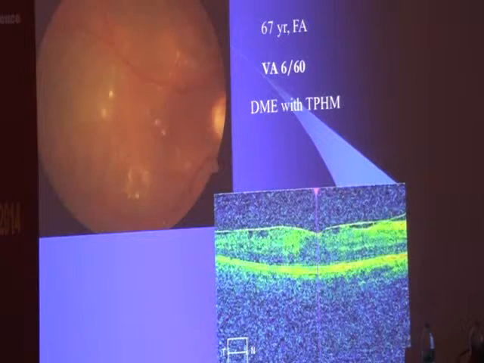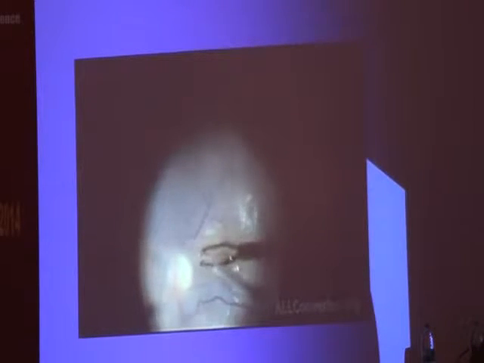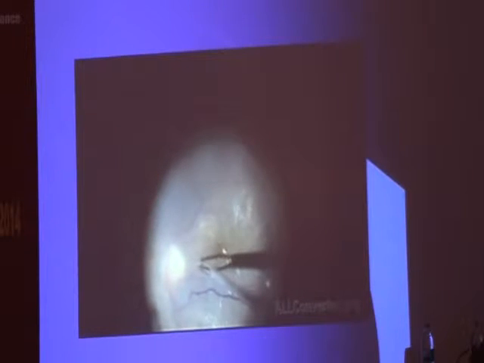You can see this is a 67-year-old lady, 6/60 visual acuity, and you have this kind of a taut posterior hyaloid membrane there. So here, what has been done is that this ILM is not peeled, only the ERM is being peeled here.